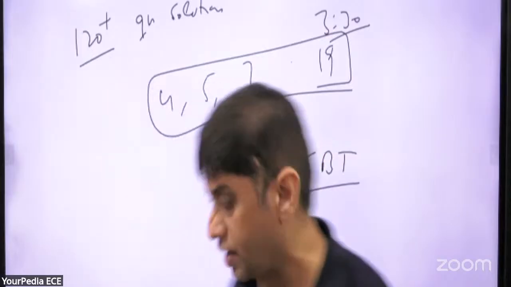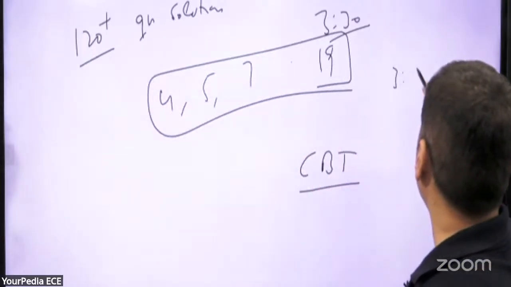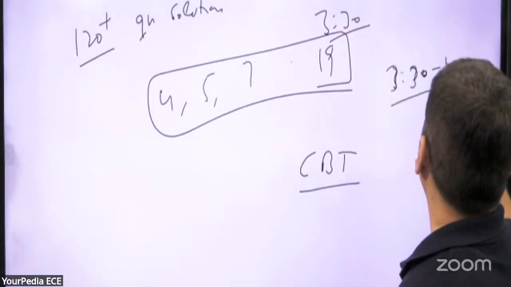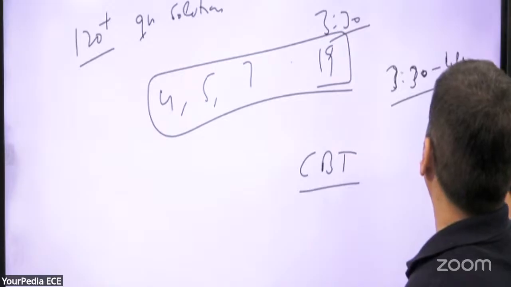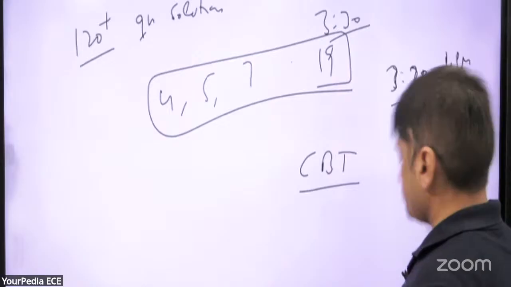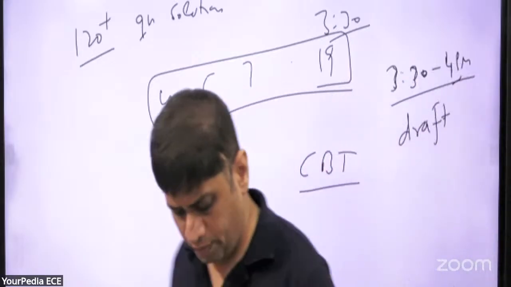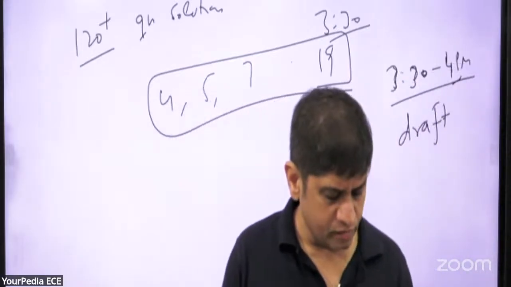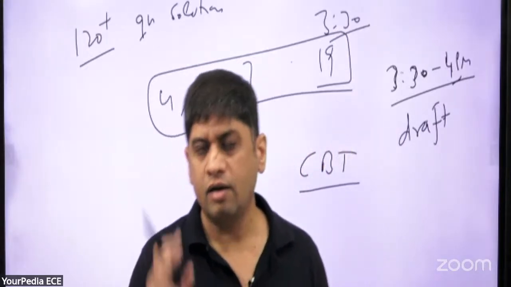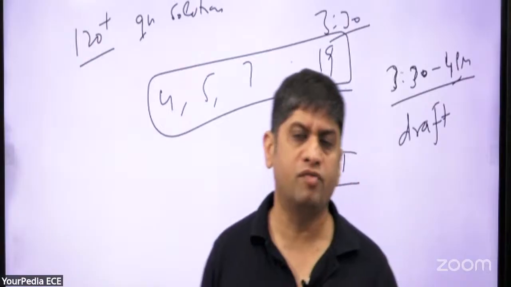So as I told you, friends, between 3:30 to 4 o'clock, we will be providing you first draft PDF of the solution. So YourPedia is doing this first time when we are providing you the detailed PDF of the paper which you have just written.